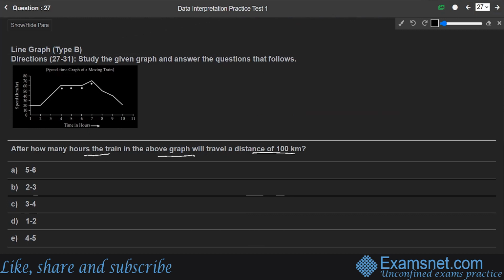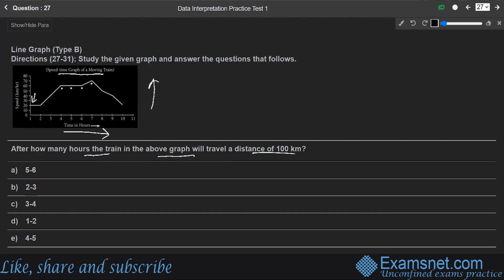That's the question. Let's see the graph first. On the x-axis there is time in hours. On the y-axis the speed in kilometers per hour is given. This is a speed-time graph of a moving train, as the title also says. We can understand that from 0 to 1, the speed is 20 kilometers per hour. From 1 to 2, the speed is again constantly 20 kilometers per hour.